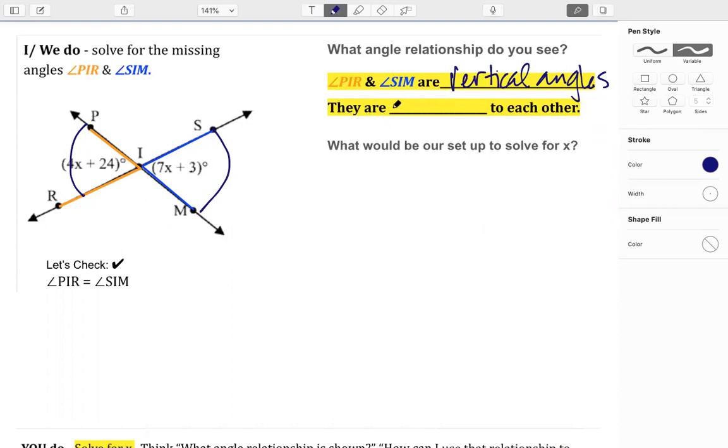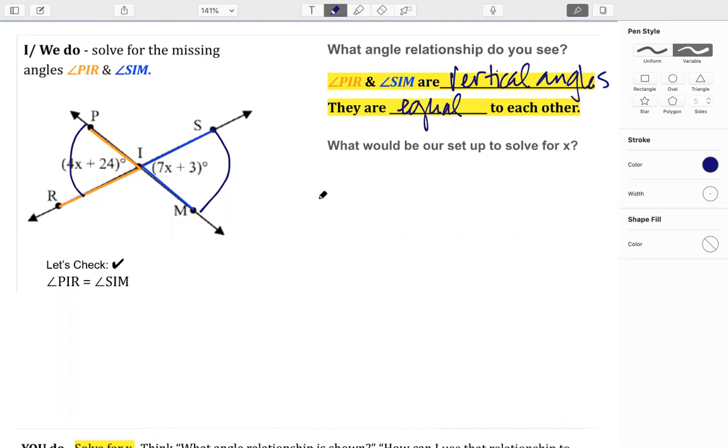So we know that vertical angles are equal. If you know that the orange angle is equal to 50 degrees, then SIM should also be equal to 50 degrees because vertical angles are equal. So now let's set up our equation that will be most appropriate for this angle relationship. Did you guess that they should be set equal to each other?